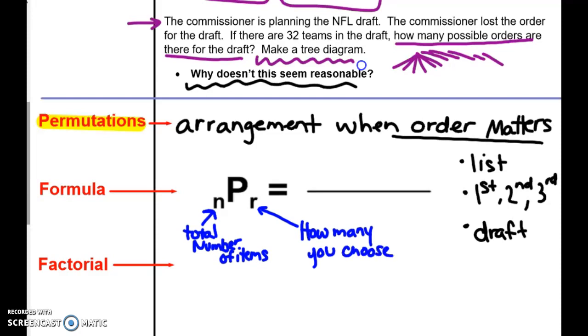The formula looks like this: n factorial divided by (n minus r) factorial. The parentheses are important. Make sure that you have those on there, right here. And then the exclamation point is called the factorial.